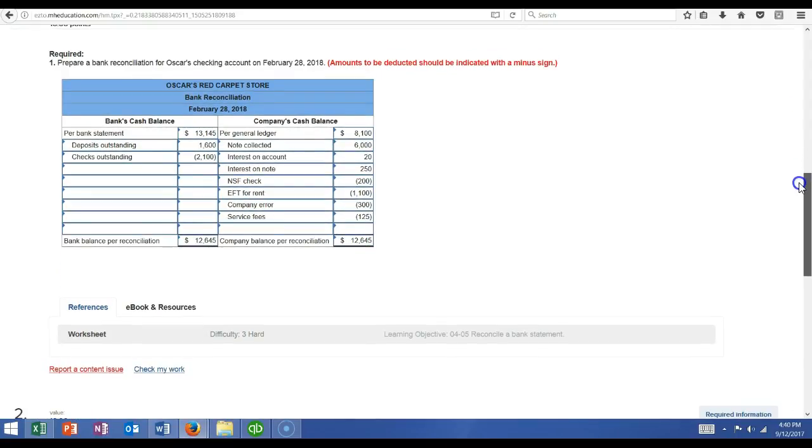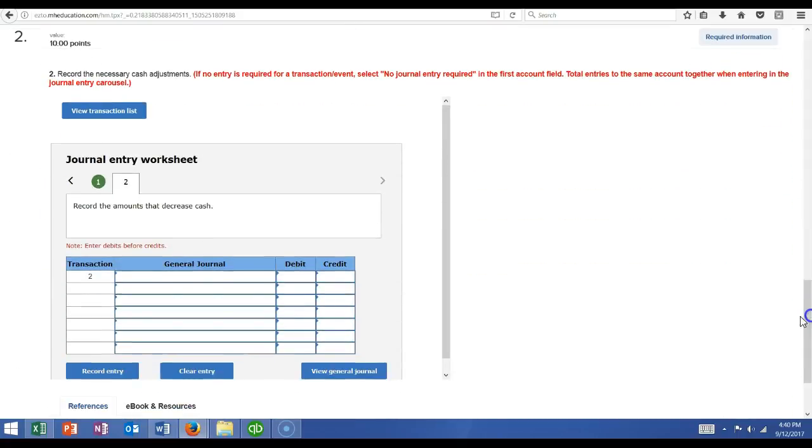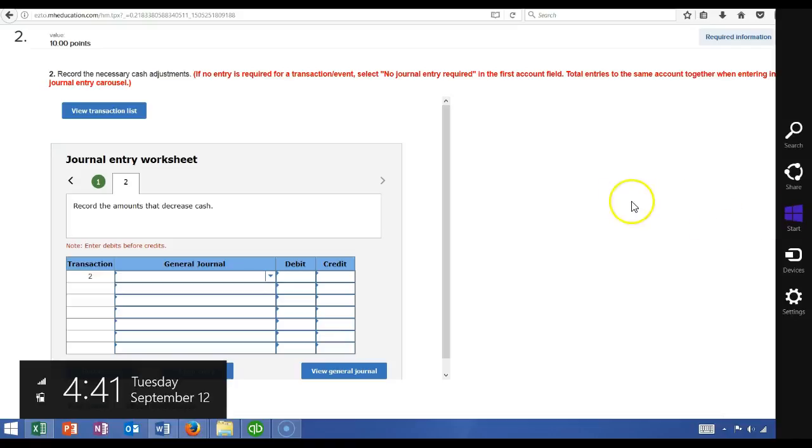Now that NSF check means that when we deposited it, we debited cash, we credited an accounts receivable. So we're going to have to reverse that entry. Our EFT for rent is a rent expense. The company error was for advertising and then service fees. So the first one we'll do is the accounts receivable.